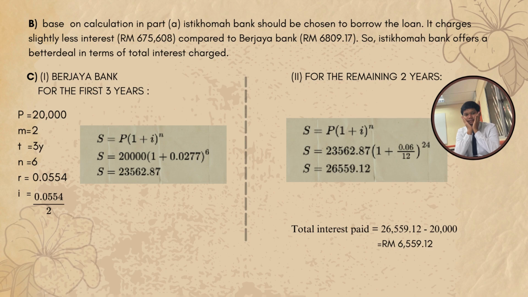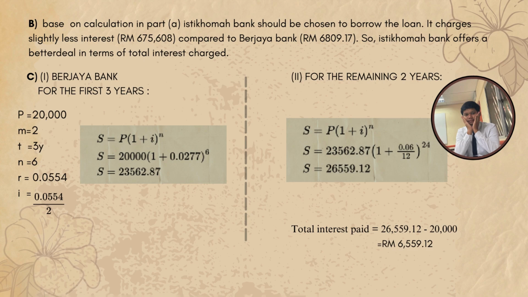So when you have found the first 3 years, the balance is 2 years. So you should find the 2 years. So use the same formula S equals P (1 + i)^n. And then you substitute the information into the formula and then you get the answer, 26,559.12 for the 2 years.